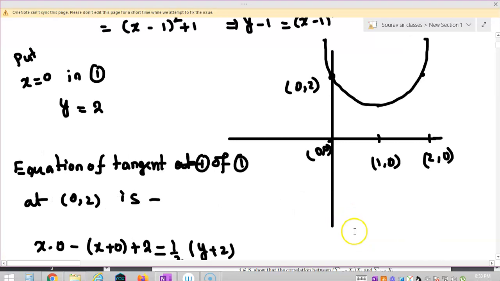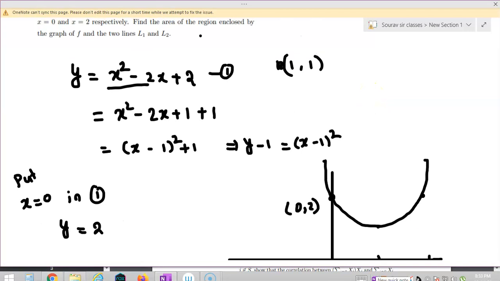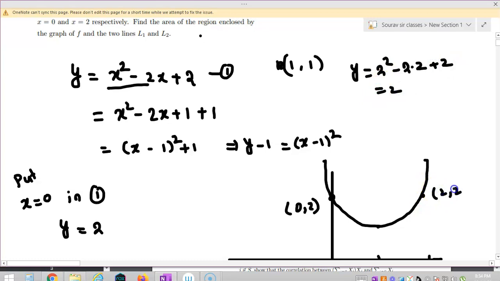Now we need to find the tangent at this point. Before that, we need to find the coordinate of this point. I know the x coordinate is 2, so I will put x equal to 2 in here. So y is equal to 2 square minus 2 into 2 plus 2, so y is again 2. So the coordinate of this point is (2, 2).